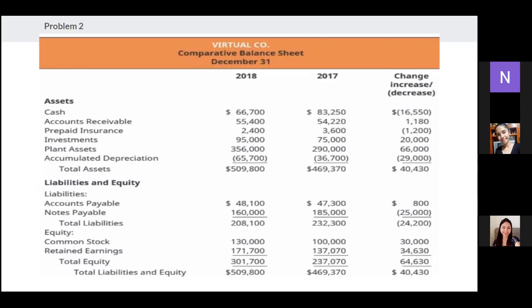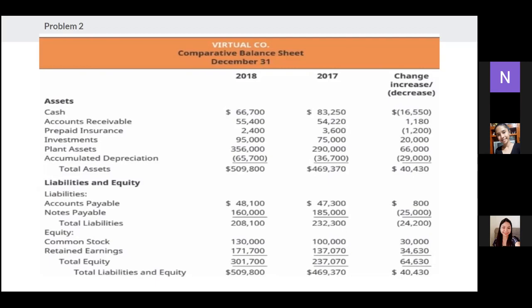So it increased in the amount of 66,000. For accumulated depreciation naman, 65,700 in the year 2018, while 36,700 in the year 2017, and it has increased by 29,000. So, ipag-a-add lang natin yun.